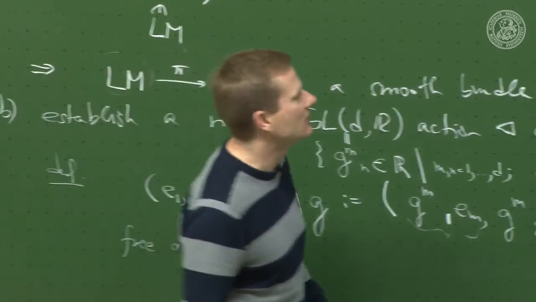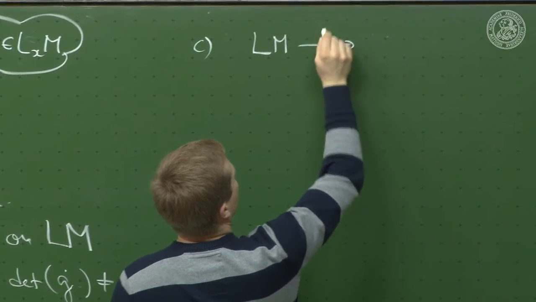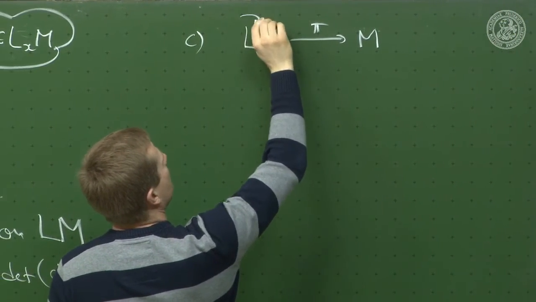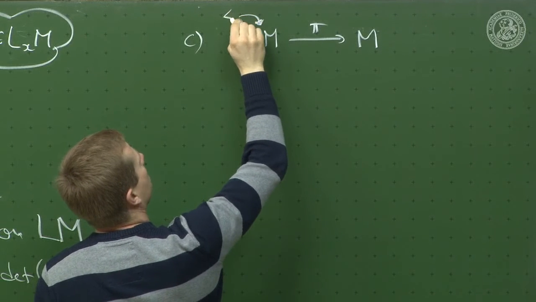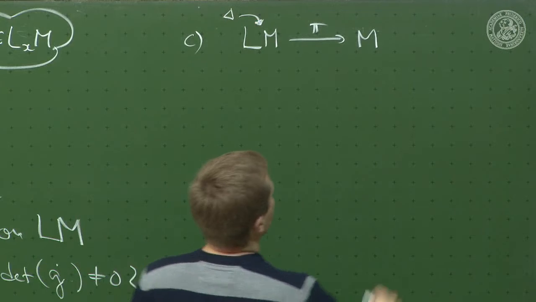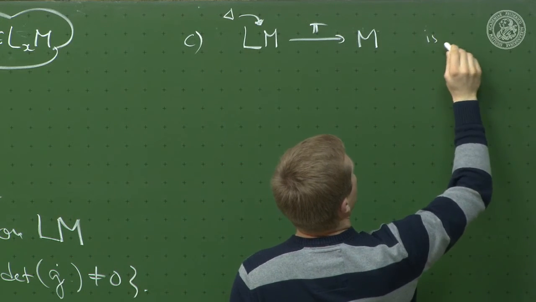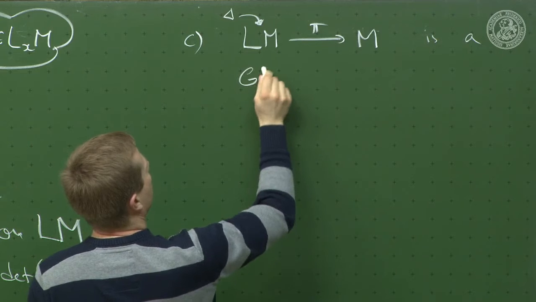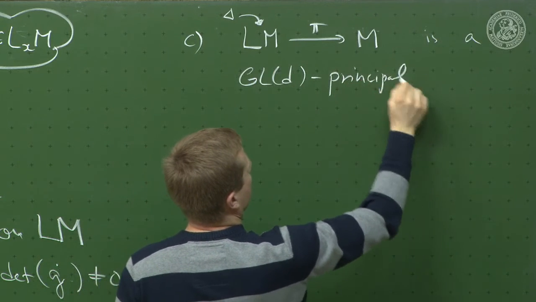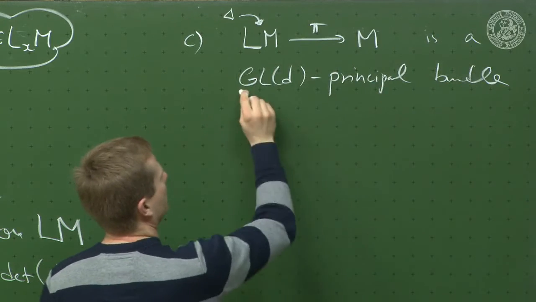Is LM, with projection pi down to M, and one should always say there is also an action of some group on here, is this a right action, a GLD principal bundle, or principal GLD bundle, whatever.